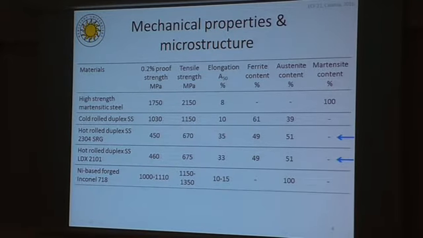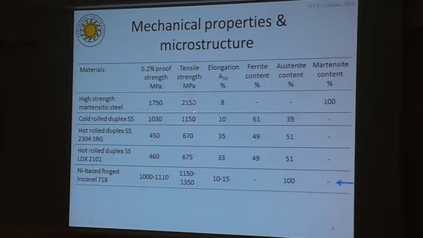And the two hot rolled duplex stainless steel grades contain approximately 50-50 austenitic ferritic microstructure, while the nickel-based superalloy Inconel 718 is 100% austenitic material.